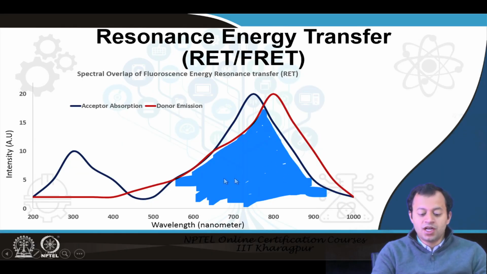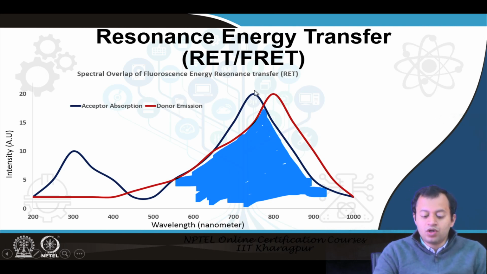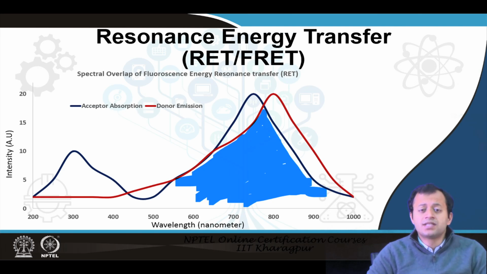This is the shaded area where the energy transfer can take place, because these are two separate molecules, with the acceptor's absorption and the donor's emission nearly overlapping. This process can only happen when the acceptor and donor molecules are physically close to one another. If they are quite separate, even in the same environment, even in the same solution, it does not take place.